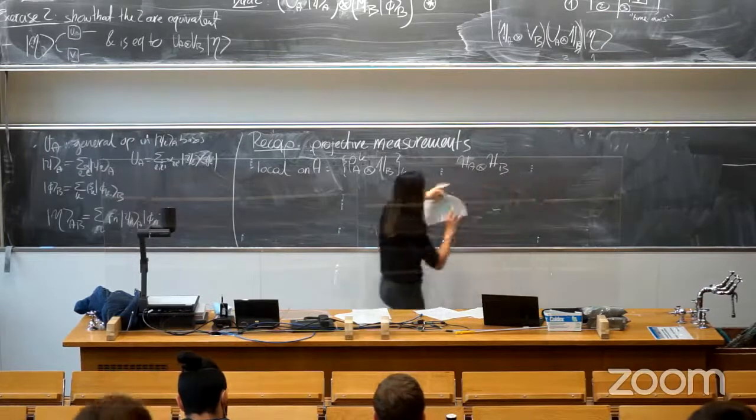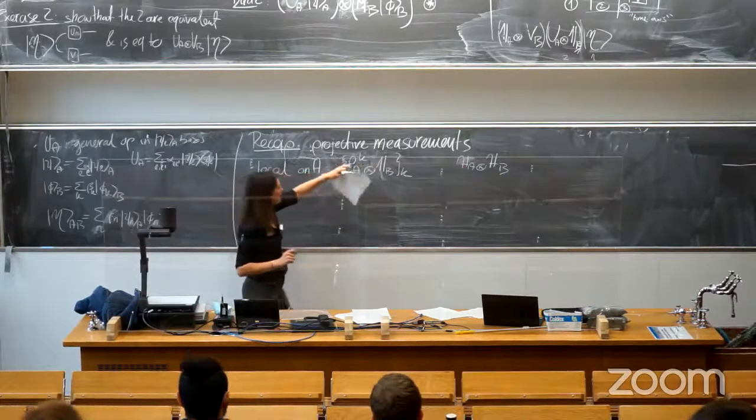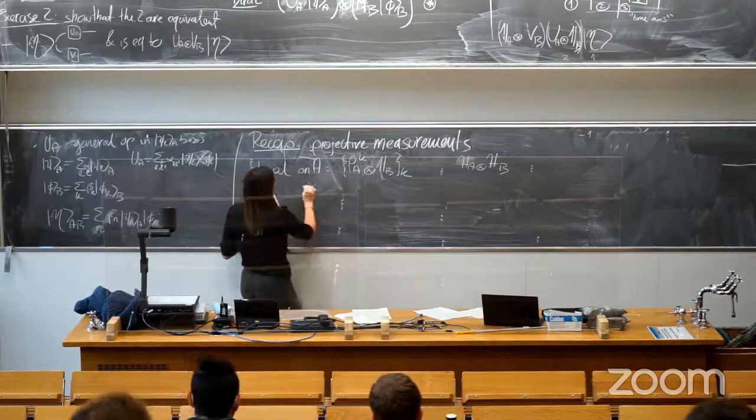It's probably better to leave it like this: B untouched, project on A. For B it is exactly the same.